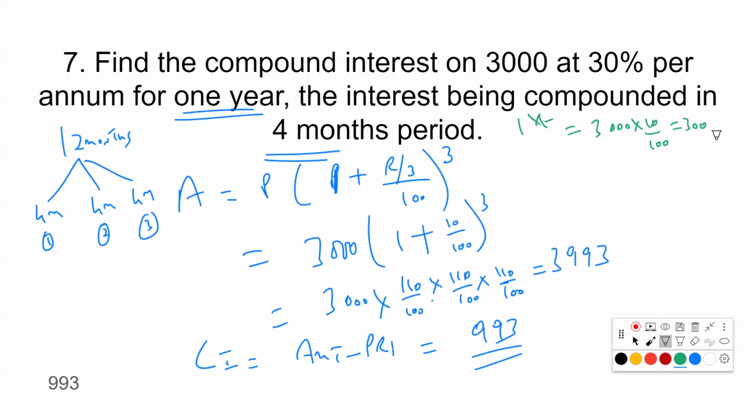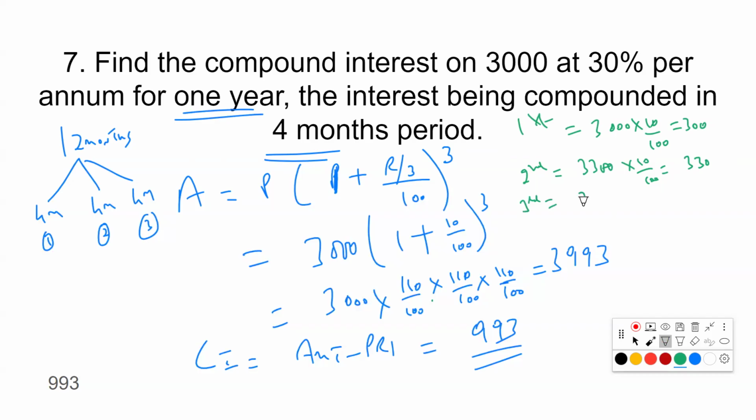Are you there? First year calculation, you are earning 300 rupees interest. What do you do with the second year? Now this will become 3300. Again 10%. Agree? So this will be two zeros gone. It is 330. Agree? What will be for your third year?